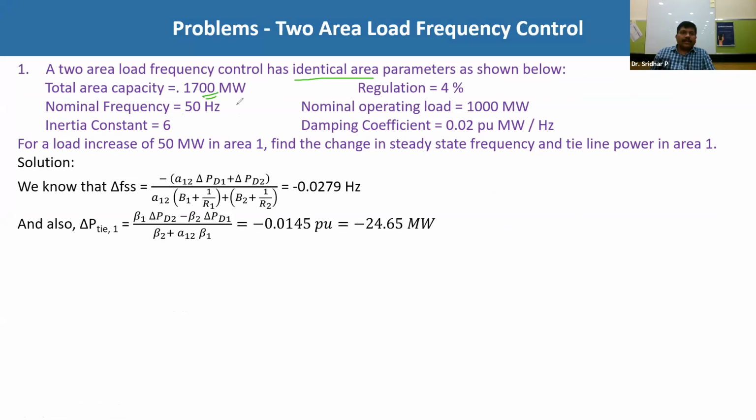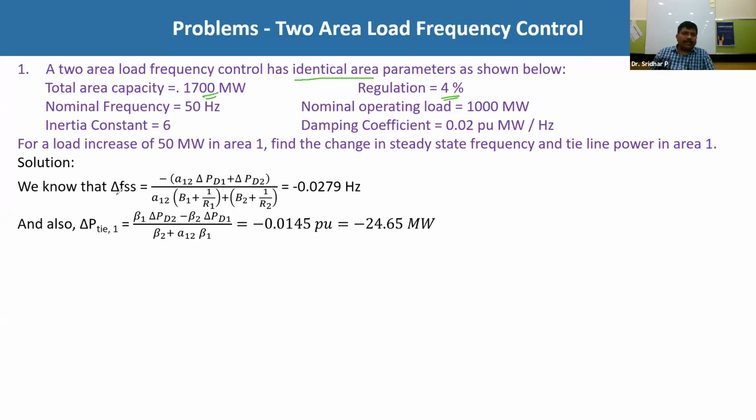So 1700 megawatt, and regulation is just 4%. Nominal frequency is 50 hertz and inertia constant is 6. Nominal operating load is 1000 megawatt, damping coefficient is 0.02 per unit megawatt per hertz. So these are the two formulas.